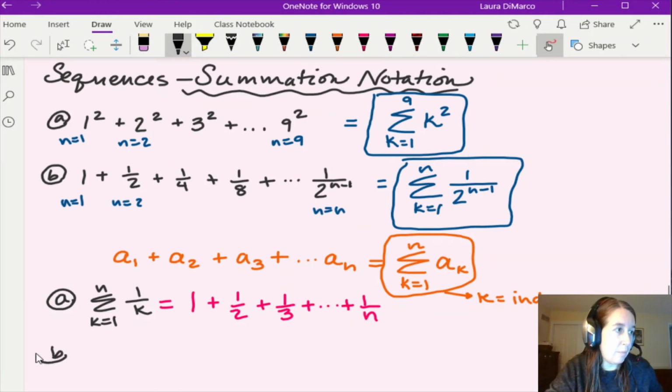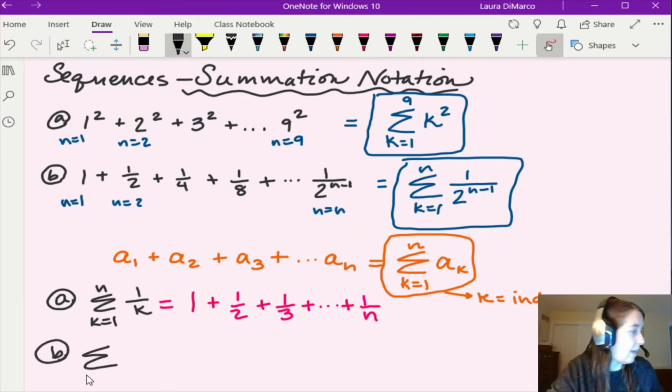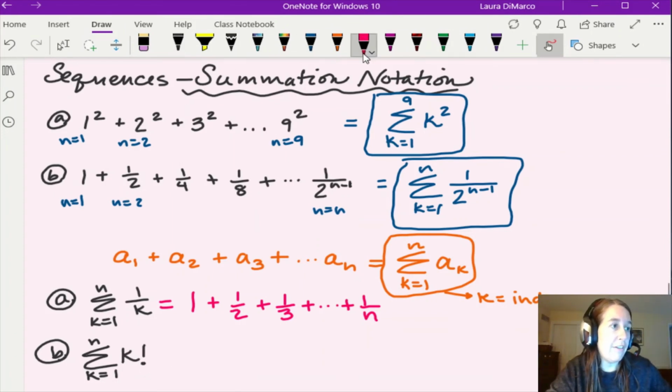Another example, if we have the sum from k equals 1 to n of k factorial, okay? So we know that factorial means that we're going to be multiplying, like 3 factorial is 3 times 2 times 1, right?